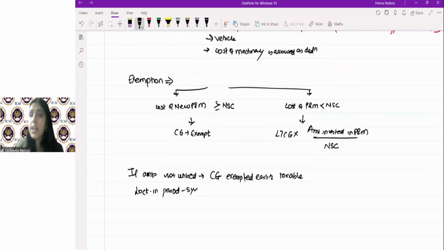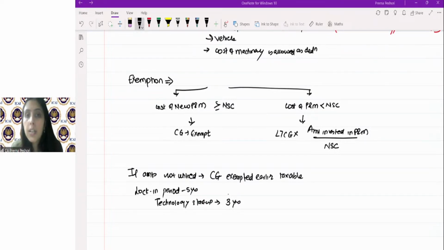If the shares or the plant and machinery which is acquired is sold within that period from the date of acquisition, then the capital gain exempted earlier shall be deemed to be income. For the technology-driven startup, in case of the computer or computer software, the lock-in period is 3 years.